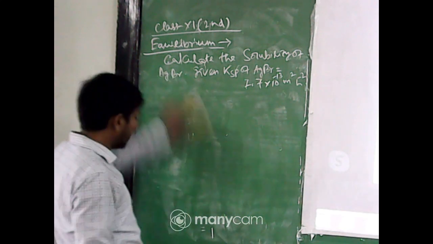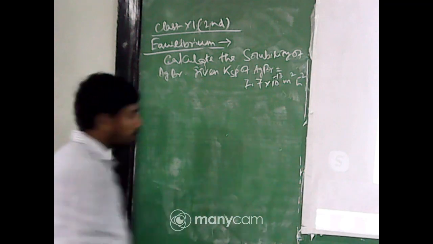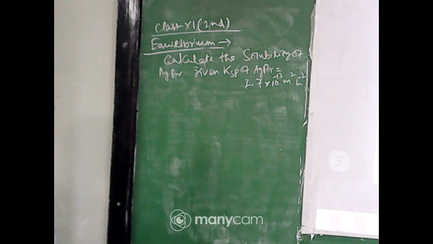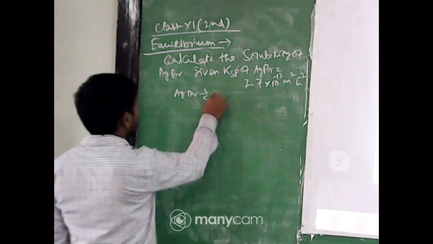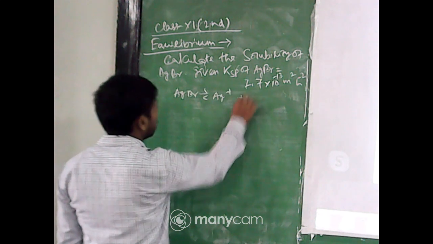So what is the basic way we have to find out? First of all, writing down the Ksp. AgBr dissociates as Ag plus and Br minus.